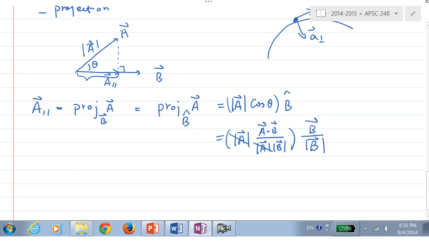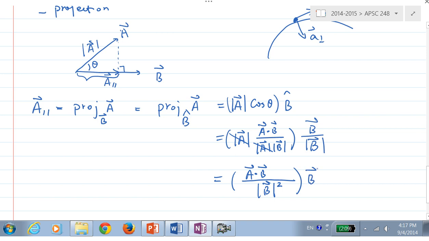So bottom line, you have A dot B, and on the denominator there are two absolute values of B vector, which basically gives you B squared, and at the top you have the B vector again.